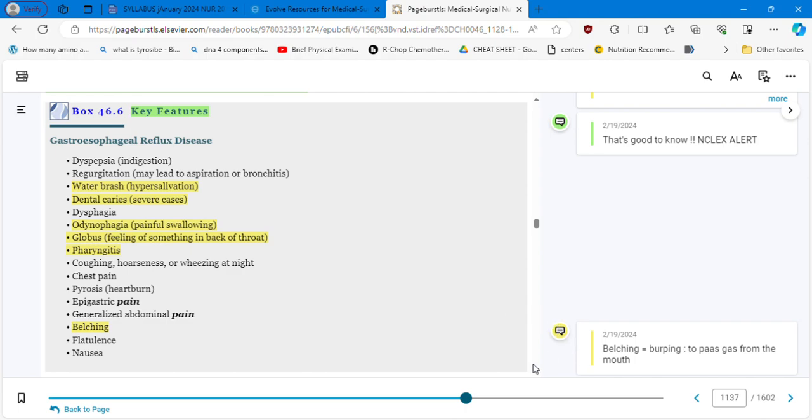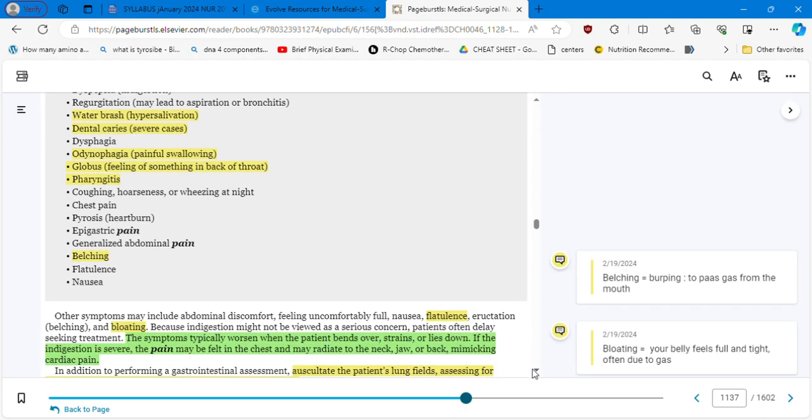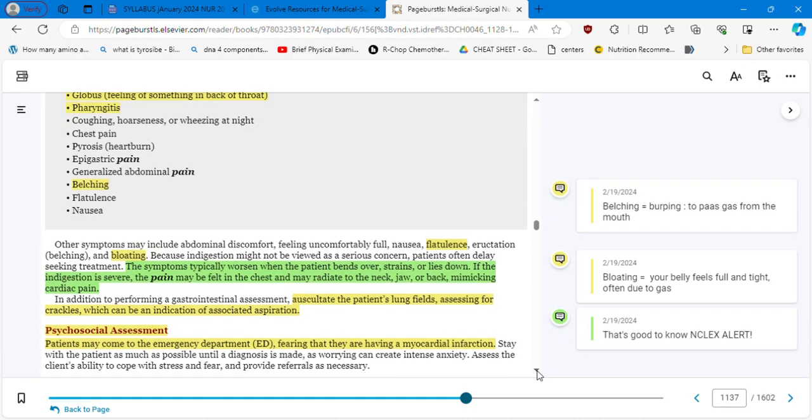Okay, belching is burping to pass gas from the mouth. Make the difference between dysphagia, dyspepsia, belching, regurgitation. All those terms you need, because in the moment the patient is going to describe the feeling, and you need to document the case in the software, in the medical records.